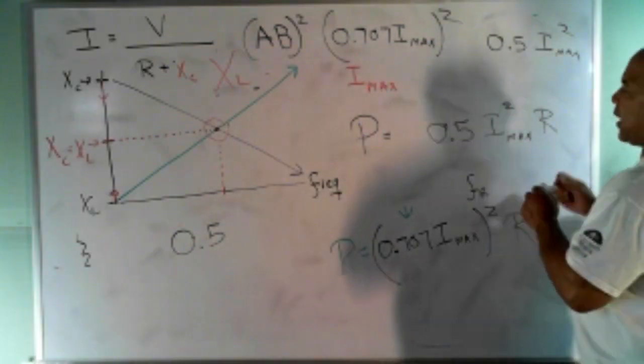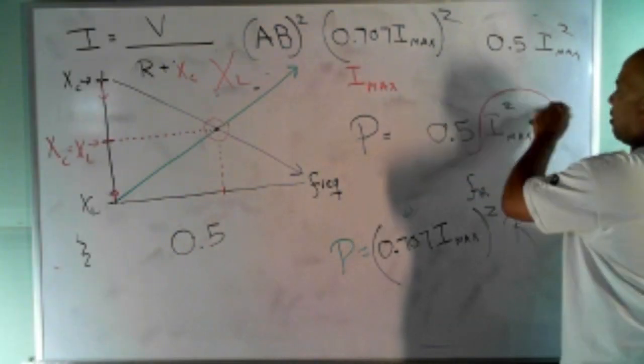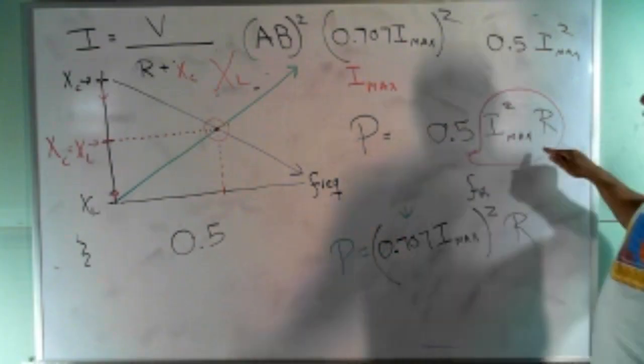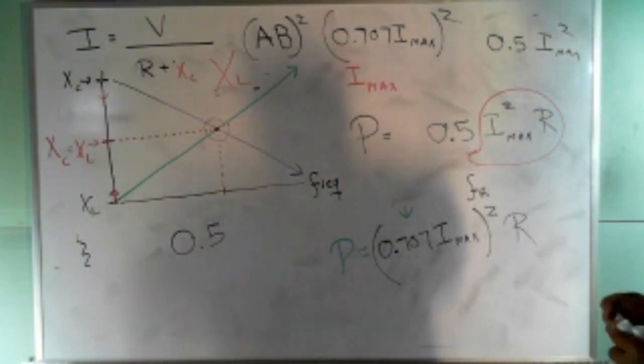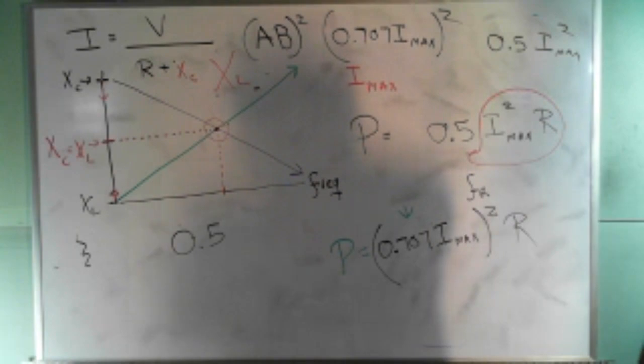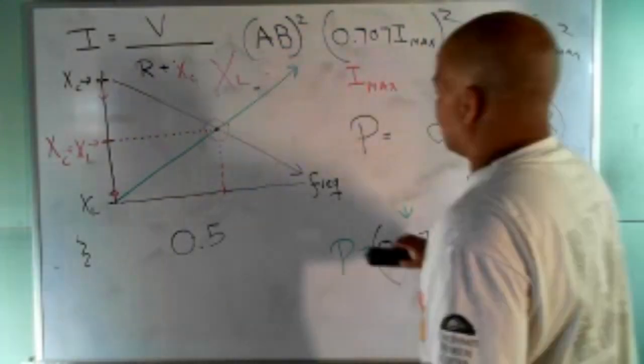But anybody recognize this right here? What's that right there in the circle? I erased it, but you have it on your paper if you're taking notes. What is that right there? P max.